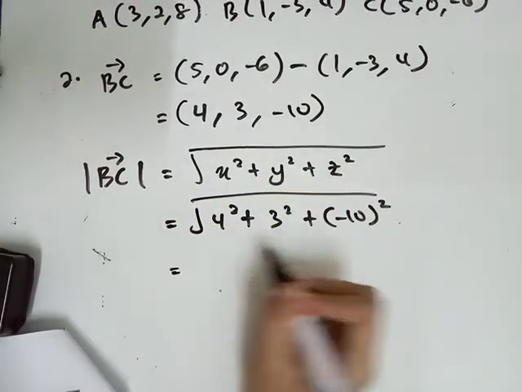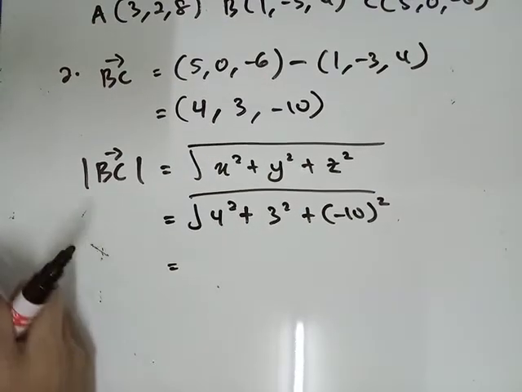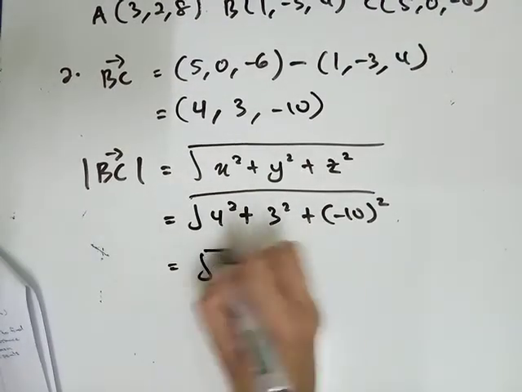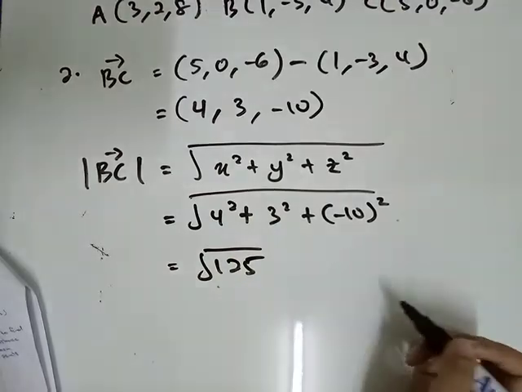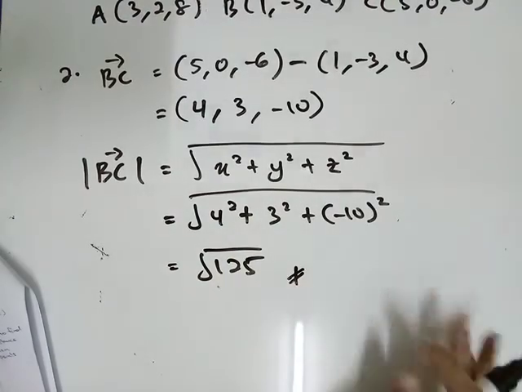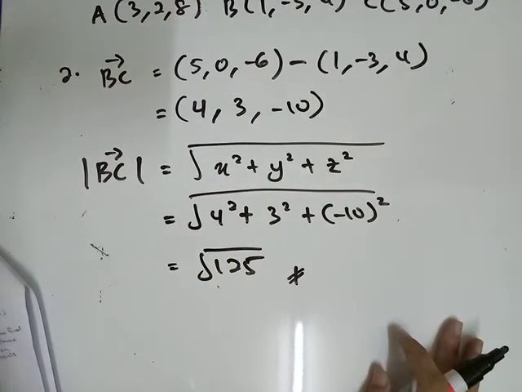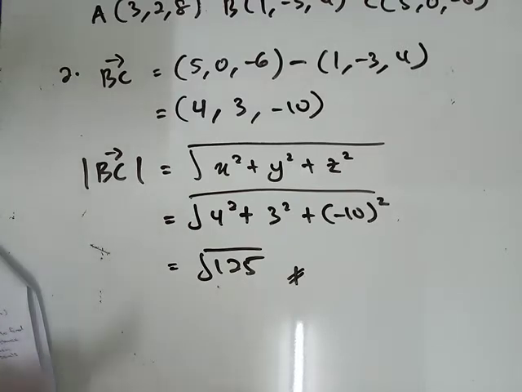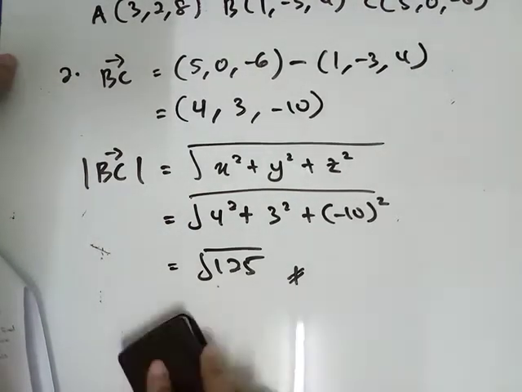And then calculate, and you will get the square root of 125. So this is the answer. Alright, this is for number 2. Hopefully you guys understand. If you don't understand, you can ask on WhatsApp.